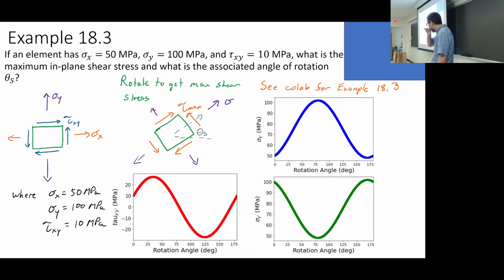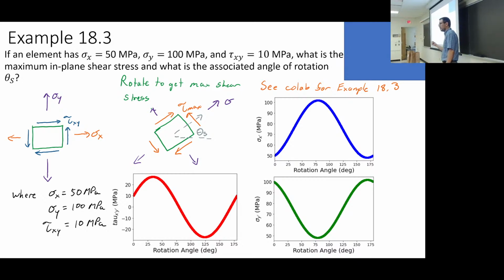Okay? When you have maximum normal stresses, you are guaranteed to have 0 shear stress. Okay? But it doesn't work the other way around. So the state of maximum shear stress, this in-plane maximum shear stress, can still have normal stresses present. Now, there are cases where you have no normal stresses.